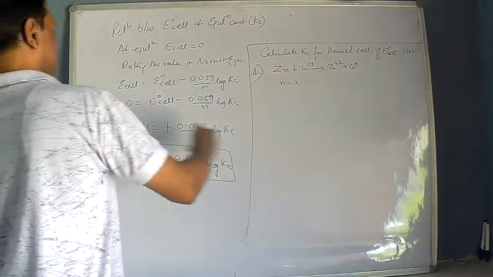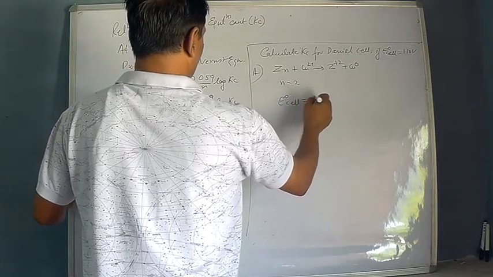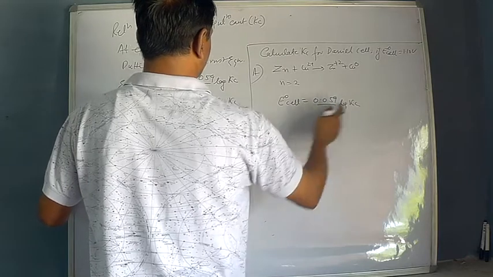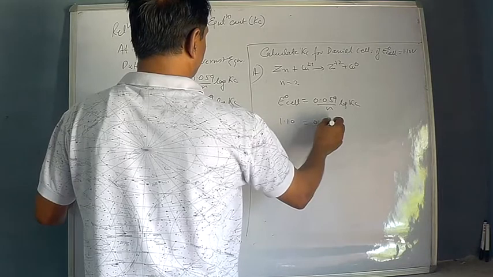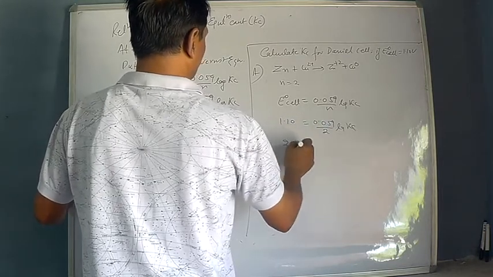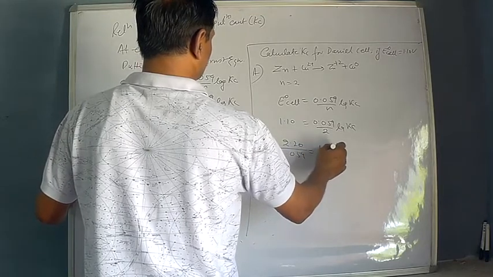Putting the values here, E0 cell equals 0.059 upon n log Kc. E0 cell is 1.10, so 1.10 equals 0.059 upon 2 log Kc. Multiplying, you get 2.20 upon 0.059 equals log Kc.